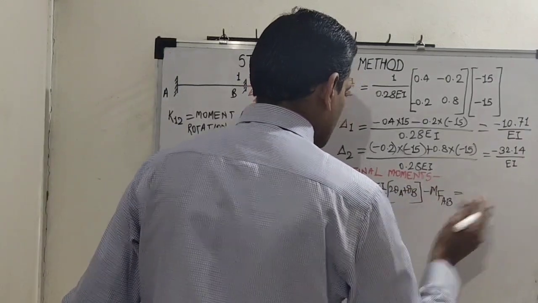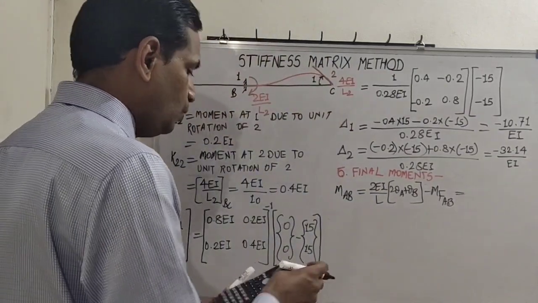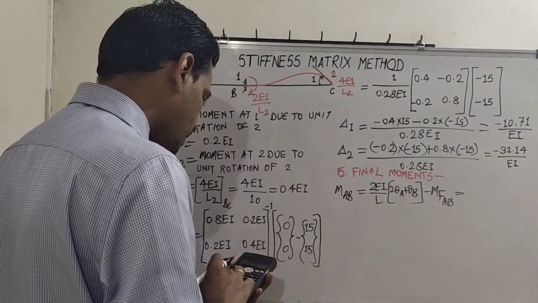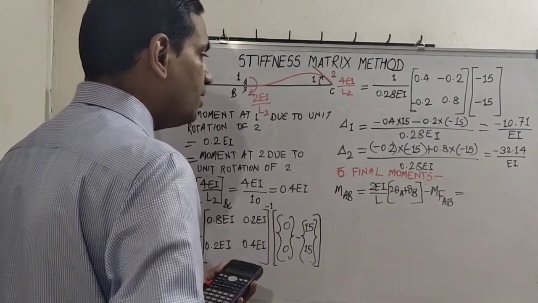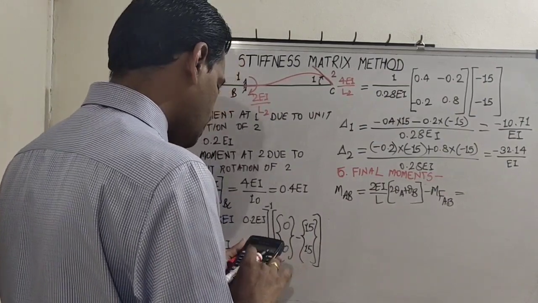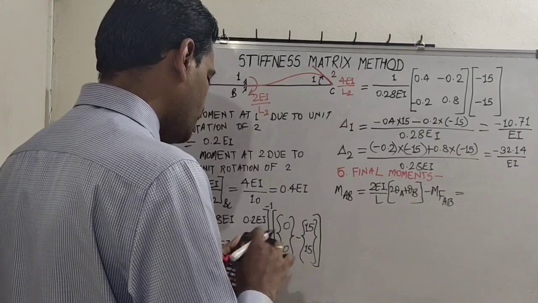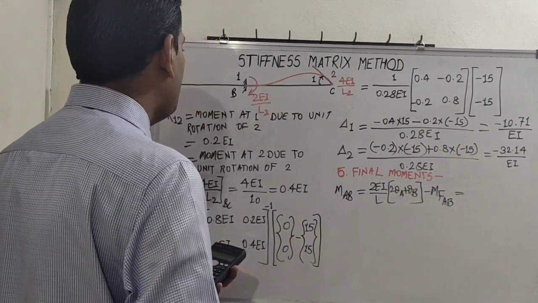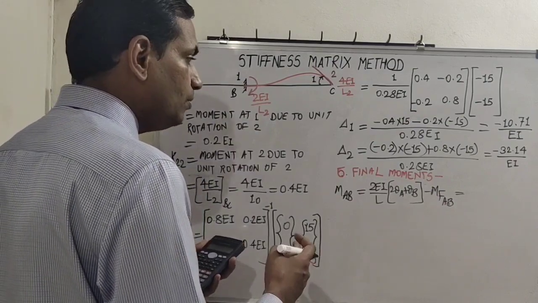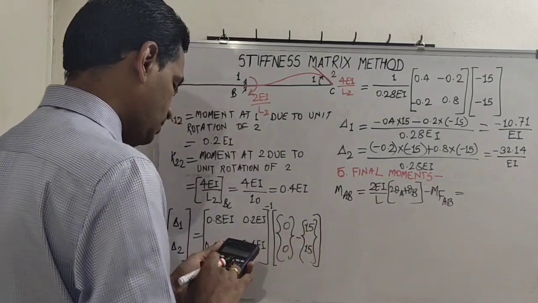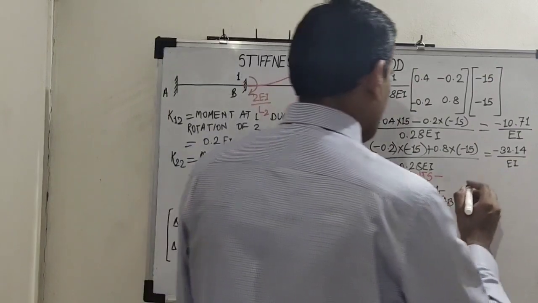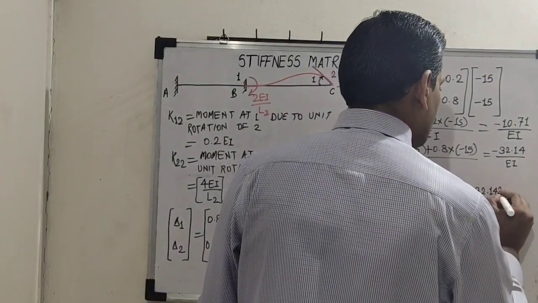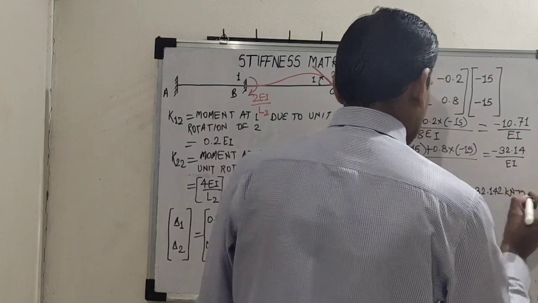Okay. So let us calculate 2EI upon 10. So it is 0.2 EI into bracket theta B is minus 10.71 upon EI. So EI gets cancelled. Minus, what is MFAB? Minus 30. So the answer is minus 32.142 kilonewton meter.